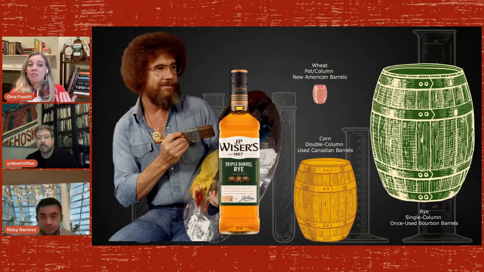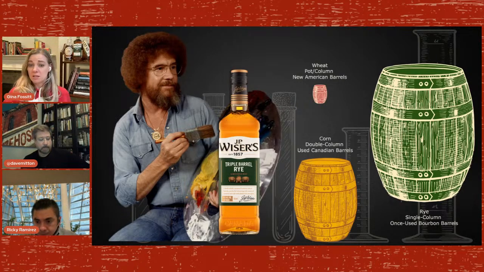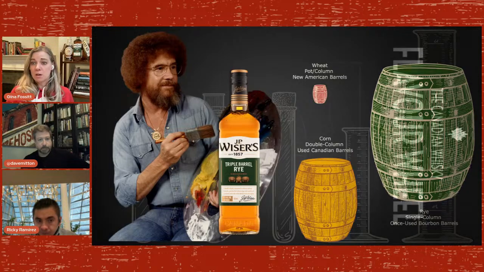Secondly, there's this very light double column distilled corn, in used Canadian barrels, so it is just light, balancing out these big, bold flavors of the rye, and then just a wee little bit of pot distilled wheat. So very concentrated wheat whiskey here. Again, brand new American oak, so we're going to get a lot of that wood extract, a lot of vanilla and coconut going in on this one as well.